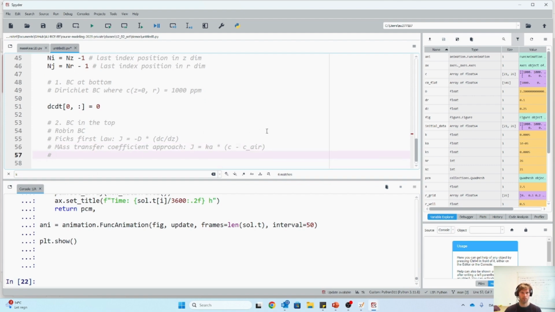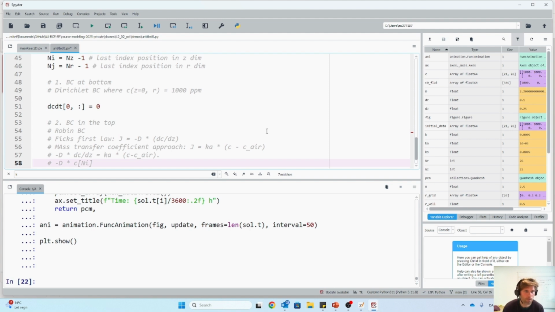So we can set these two equal to each other. And the next step is that we discretize dC/dz. So we get, so this is in the top boundary.